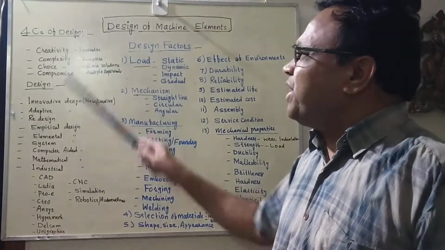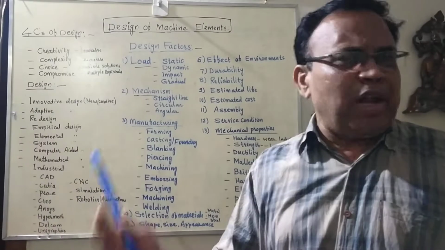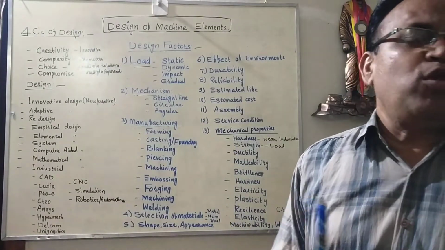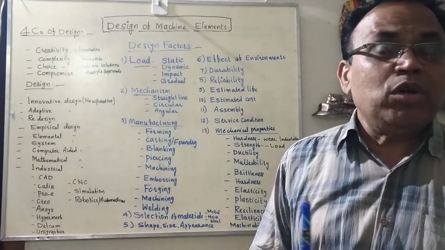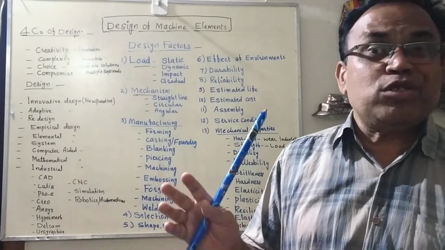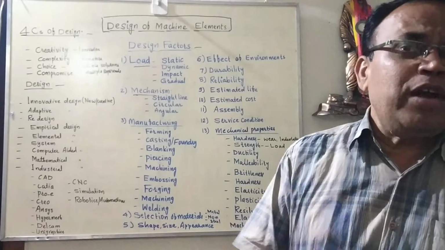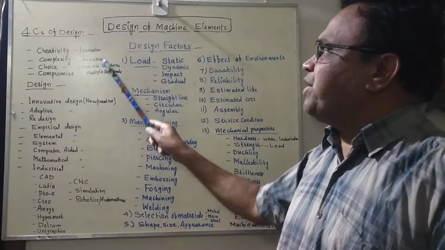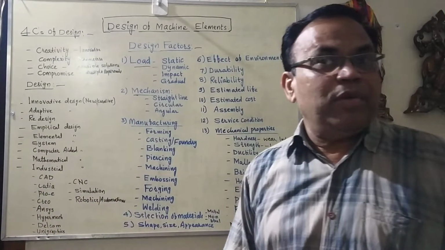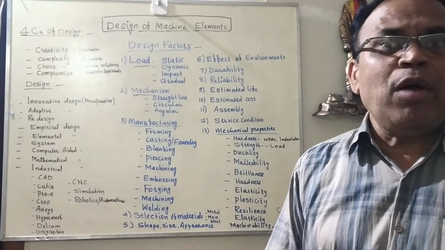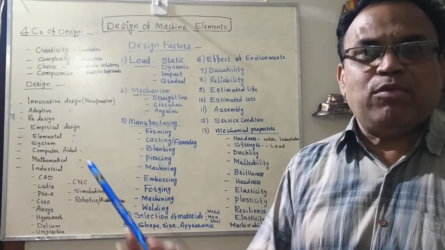Whereas complexity consists of so many parameters and so many components, not one or two. I told you already, more than 25,000 components in aerospace, more than 12,000 in automobiles, and in normal engines more than 100, 500. It is a big challenging question for design engineers. With the minimum number of components, the machine has to deliver the maximum work.